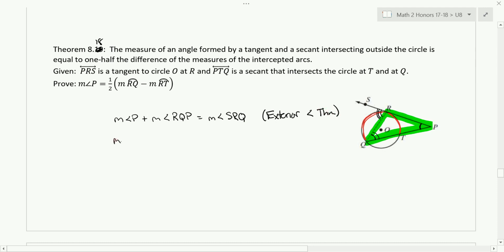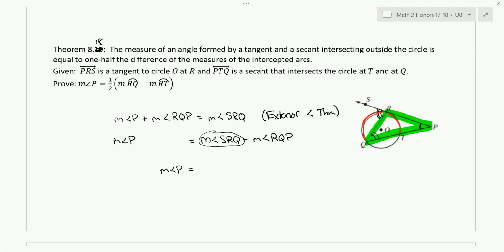So I'm going to subtract the measure of the other angle, and you get the measure of angle SRQ minus the measure of angle RQP is equal to the measure of angle P. Now let's take a closer look at the measure of angle SRQ. Did I write that right? SRQ. Yes.